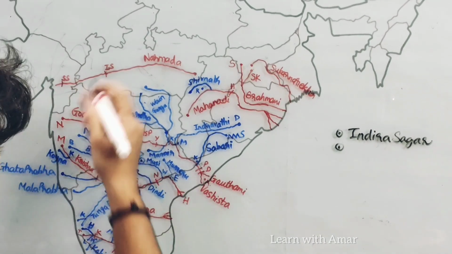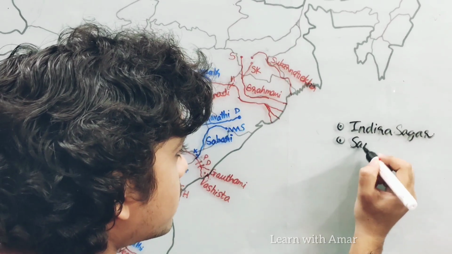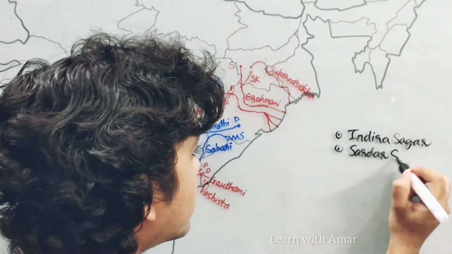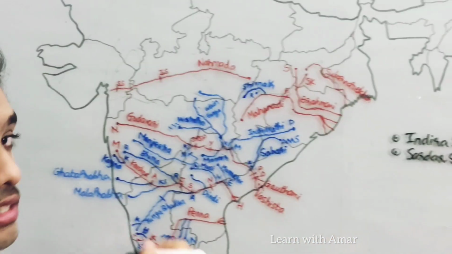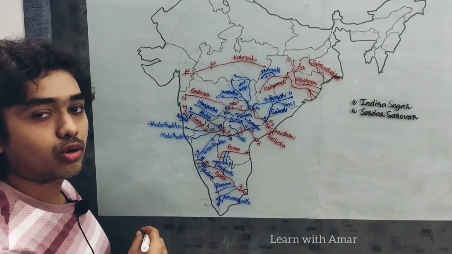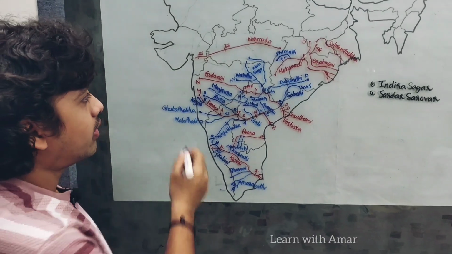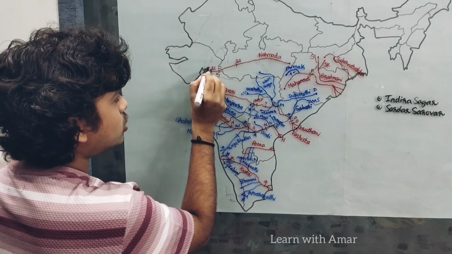Okay, Indira Sagar is in Madhya Pradesh and Sardar Sarovar is in Gujarat. And Sardar Sarovar is where we also find the highest statue in the world, which is Statue of Unity, the statue of Sardar Vallabhbhai Patel, very near to this. Okay, right here we find the Statue of Unity.